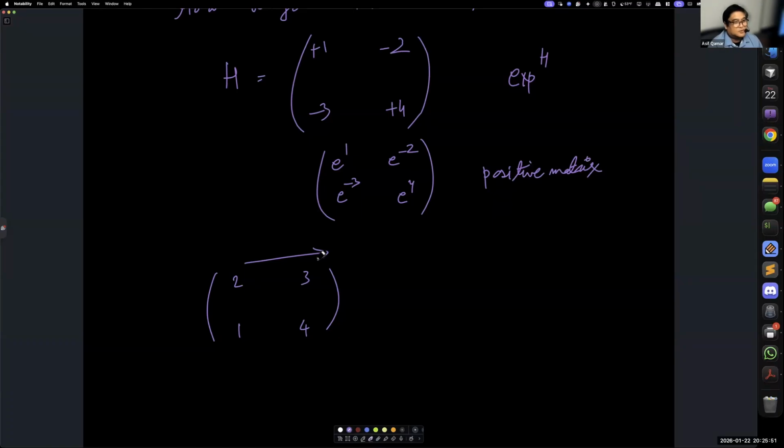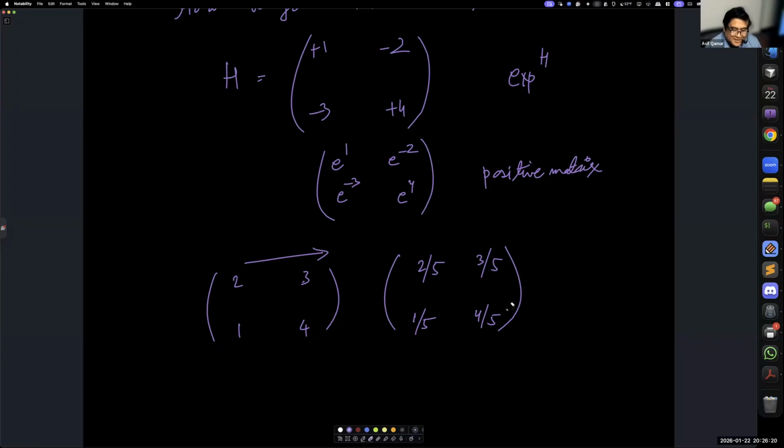So first we'll fix the rows and pretend that the columns are fine. What is 2 plus 3? 5. So we'll convert it to 2/5, 3/5. Then this will become 1/5, 4/5. And now you notice that the columns don't add up to 1. So next time around, we'll fix the columns.